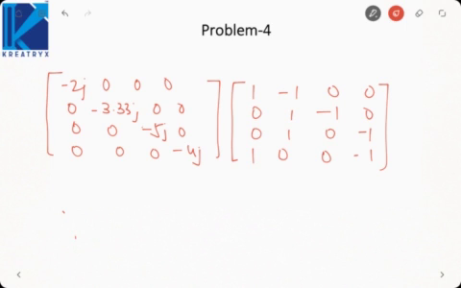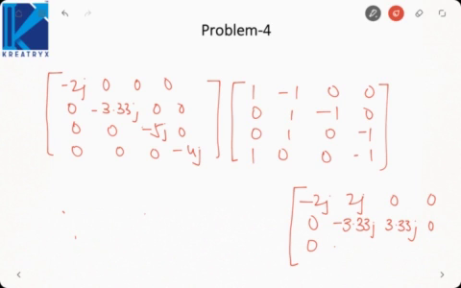Now if you multiply these two matrices, first row into first column will be minus 2j, first row into second column 2j 0 0, second row into first column 0, second row into second column minus 3.33j, third column 3.33j 0, then it is 0 minus 5j 0 5j, then fourth row into first column is minus 4j 0 0 4j.